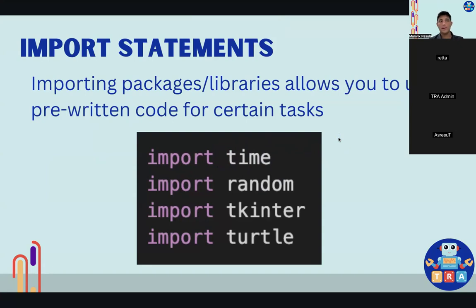What's the current time? Wait 5 seconds and then run the next code. Stuff you can't normally do in Python. Random lets you get random values. Tkinter lets you make apps and stuff. So that tic-tac-toe we looked at 2 days ago was made with Tkinter. And Turtle, what we're going to look at today, lets you draw cool patterns.